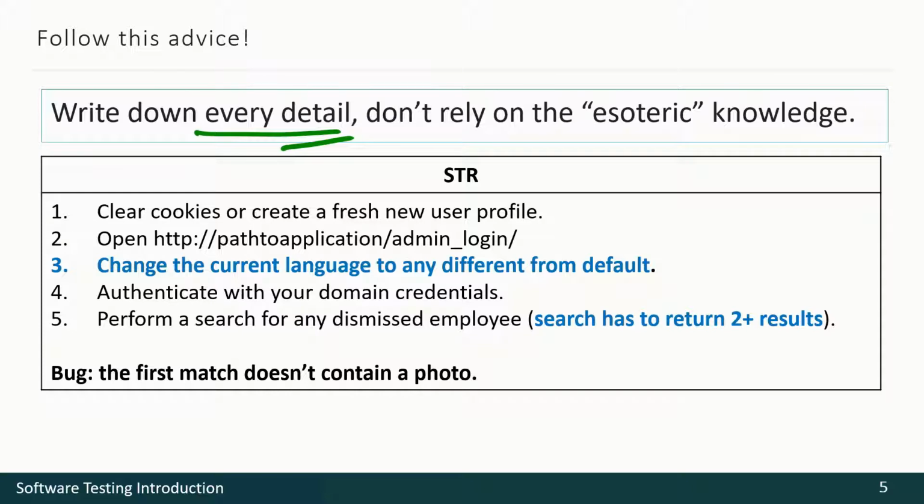Unfortunately, sometimes people rely on some esoteric knowledge, something like everybody knows that it's not necessary to write it down because everybody knows that. Imagine, this point is absolutely obvious for the author of this defect report.